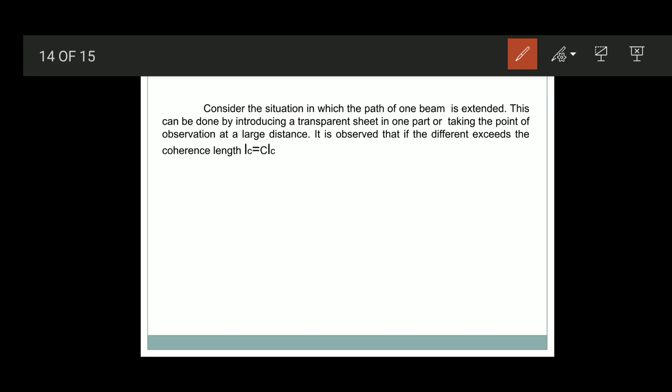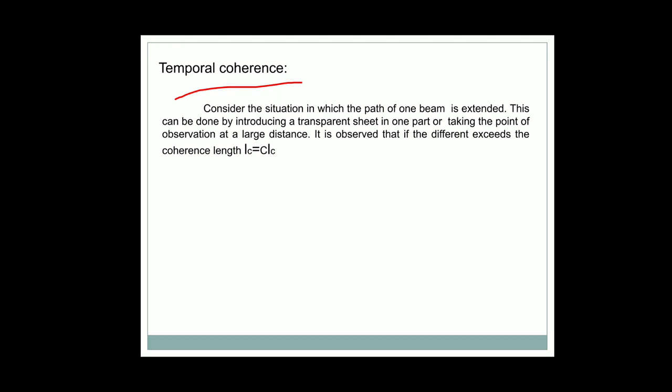If one of the rays is obstructed by a transparent material such as mica, then what happens? That is explained by using temporal coherence. So, what is temporal coherence? Consider the situation in which the path of one beam is extended.